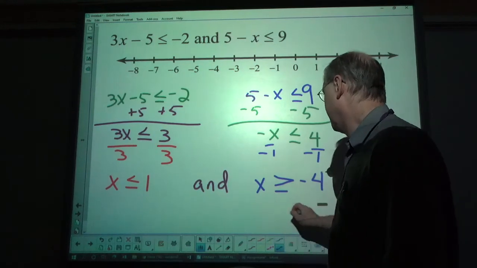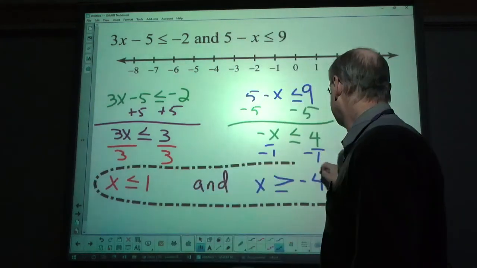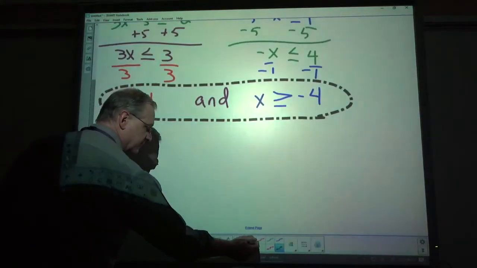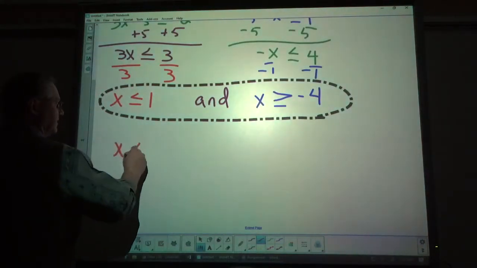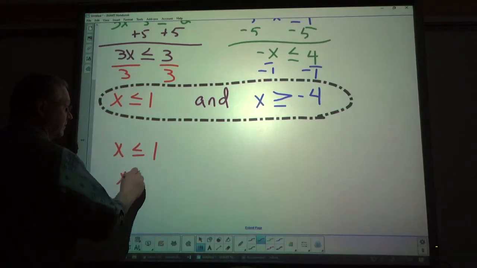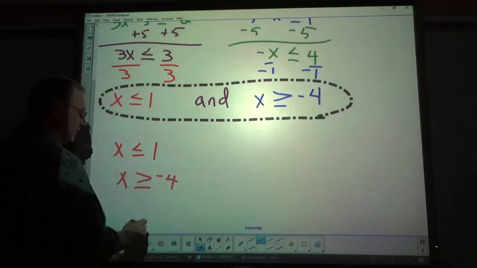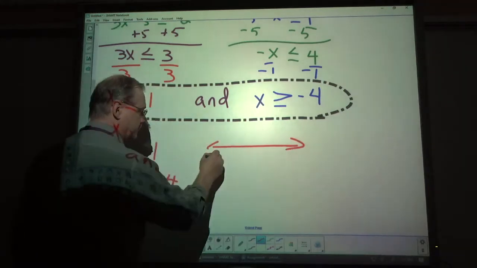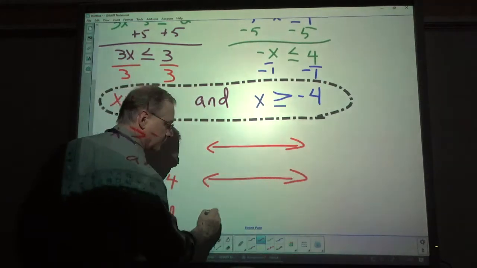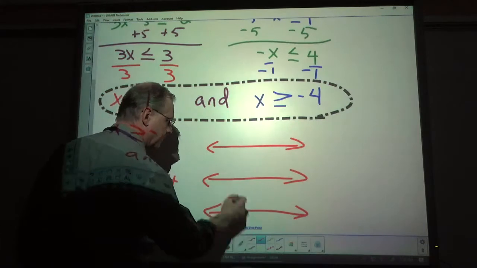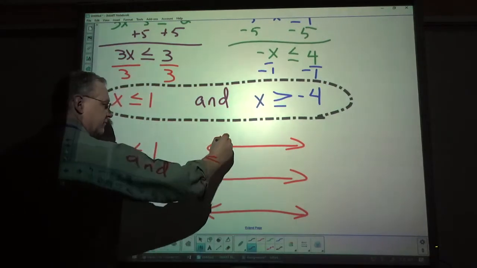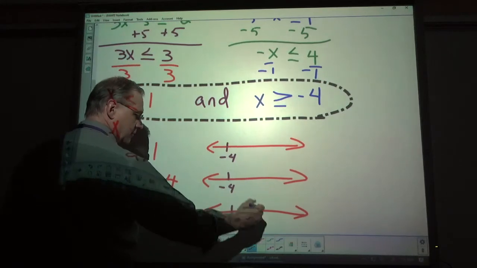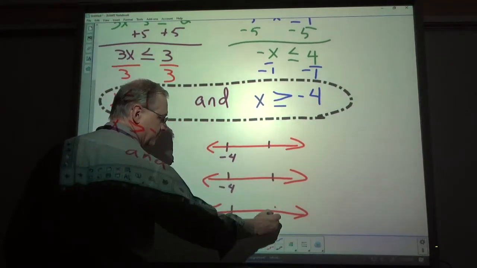This is my inequality answer, and then I'm going to graph it. X less than or equal to 1, x greater than or equal to negative 4, and graph. Let's see, we've got negative 4 and positive 1.